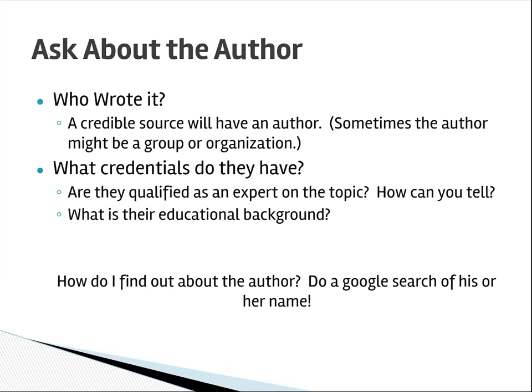If you're looking up an individual author, you need to think about what credentials they have. That is, what makes them qualified to give you this information. For example, my credentials to teach you English are my degree in English, my degree in teaching, and the numerous trainings I've been to in the IB program.